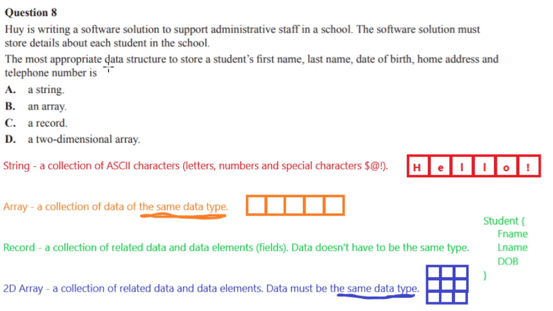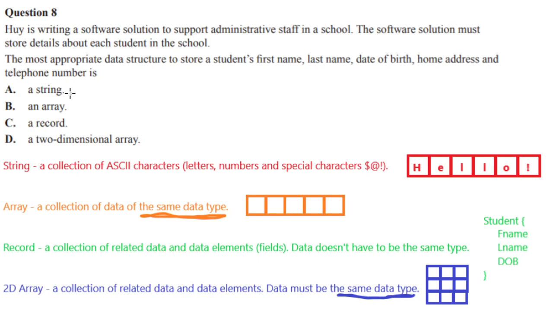The most appropriate data structure to store a student's first name, last name, date of birth, home address, and telephone number is... I've briefly gone through each of these data types, so we'll go through the answers around here.